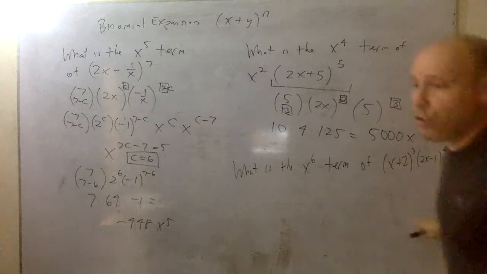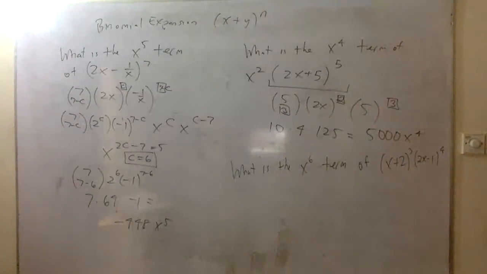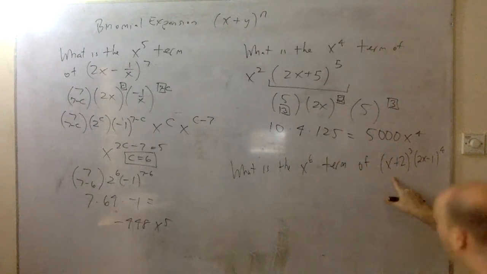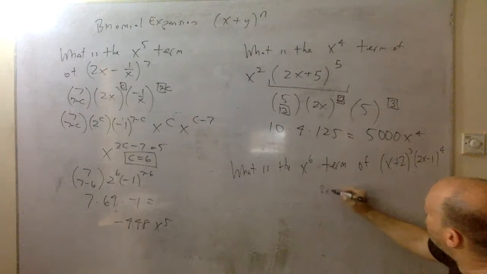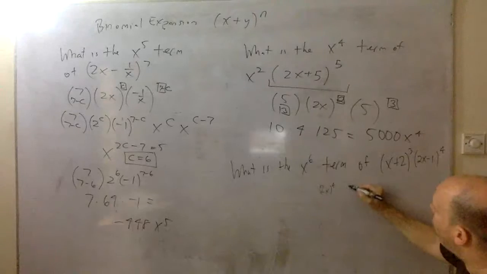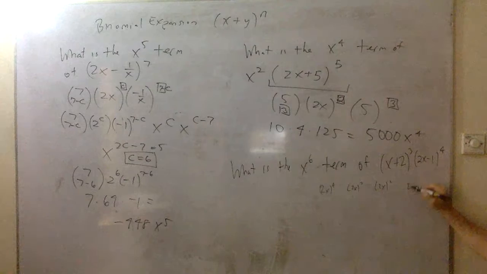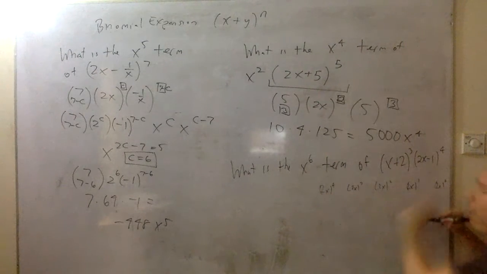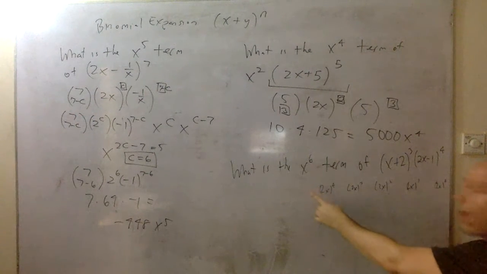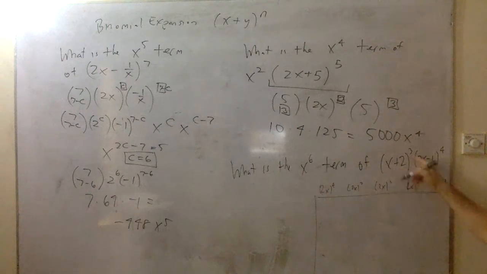You could, a little old school, expand out the (2x minus 1) to the 4th. It's like x to the 4th, 2x to the 3rd, 2x to the second, 2x to the first, and then the constant term. You know how this expands out, so you put the coefficients on here, and then along here, you do (x plus 2) to the third.